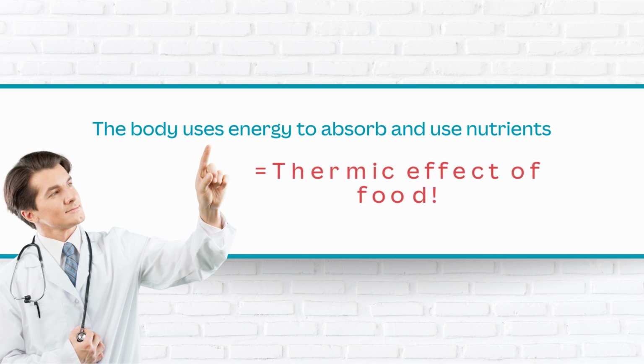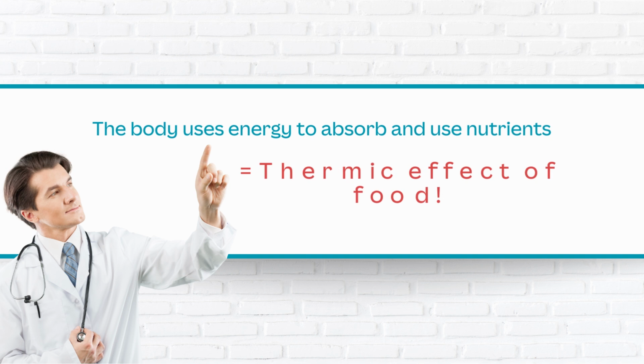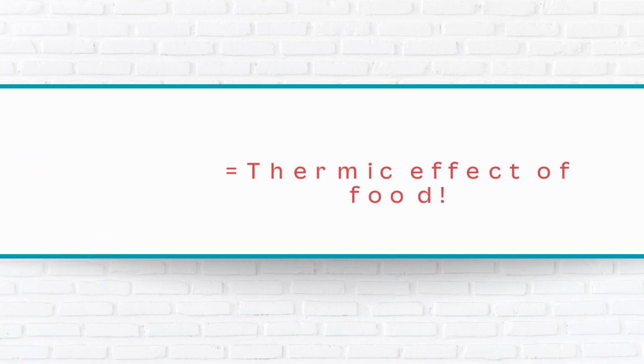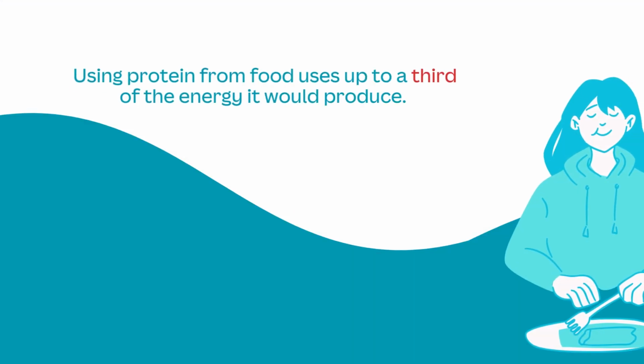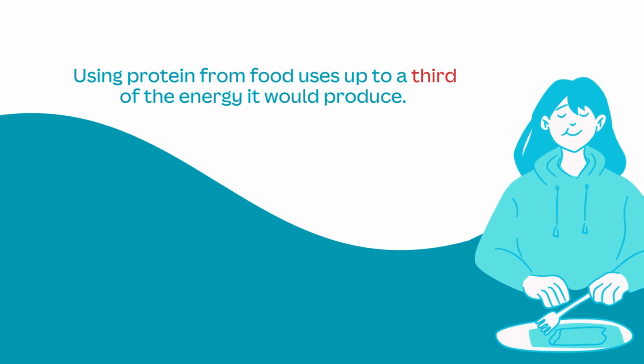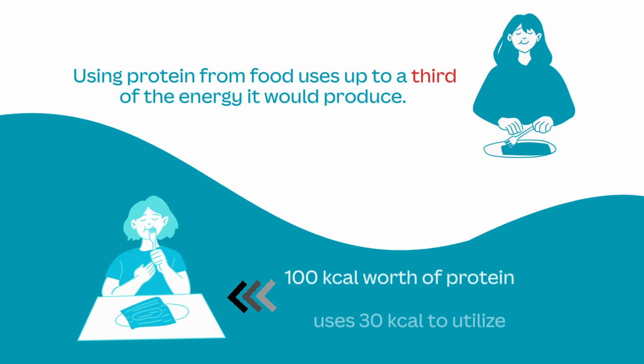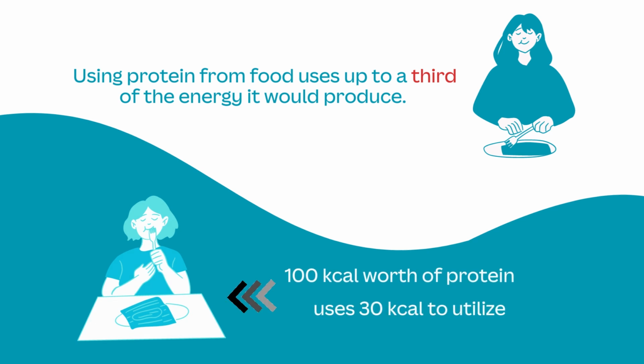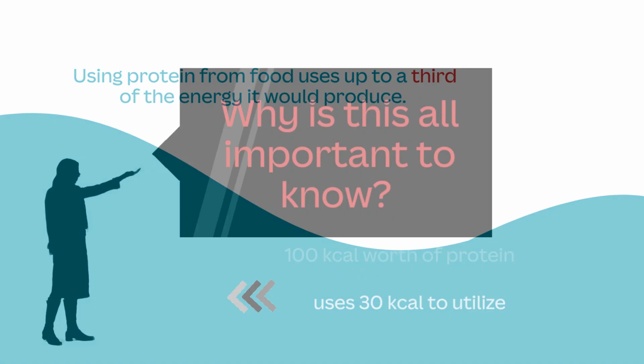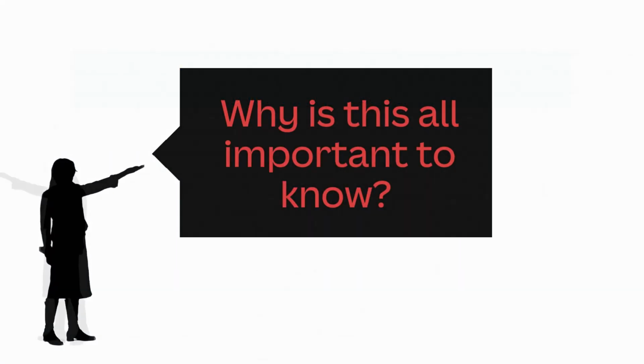The energy used for this purpose is called the thermic effect of food. For example, utilizing protein from the food takes up to 1/3 of the energy that you'd get from it. Meaning that if you'd eat 100 kilocalories worth of protein, it would use 30 kilocalories to utilize this amount of protein in the body.